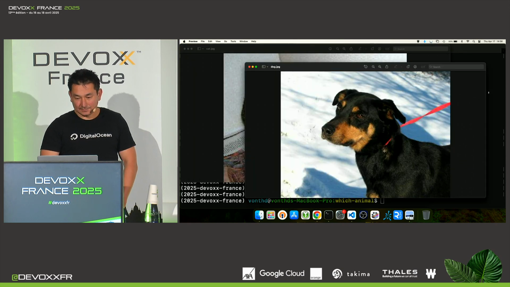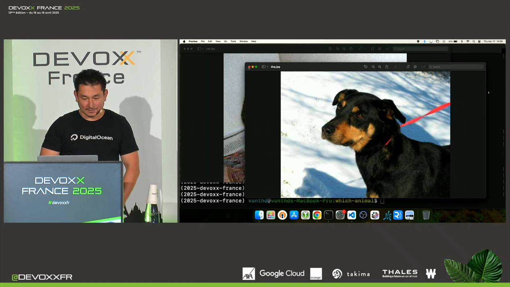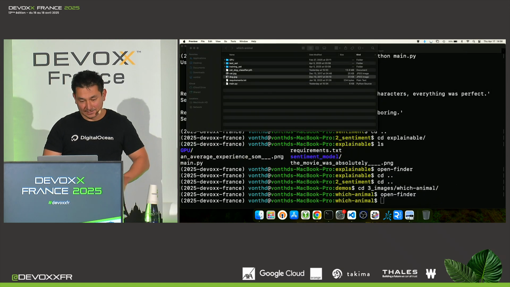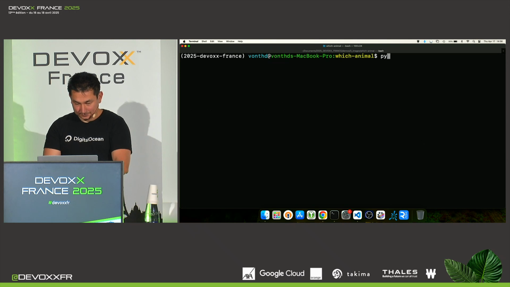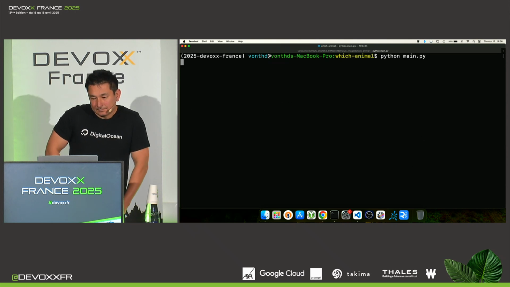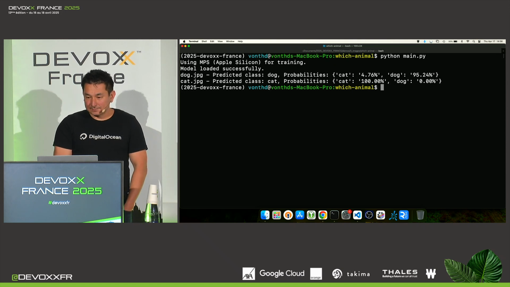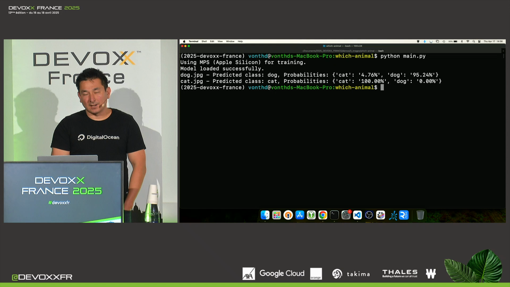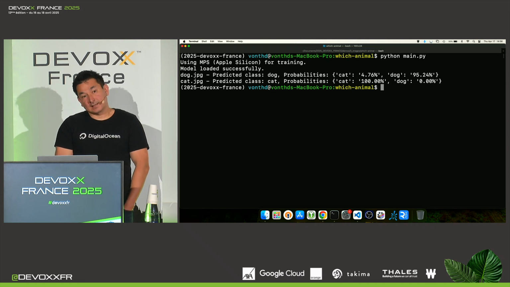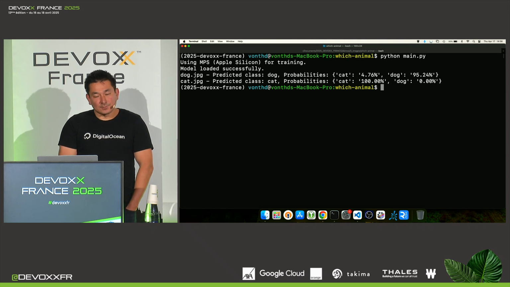If I run our machine learning model to classify these two animals, you can see that the dog gets classified as a dog with a confidence score of 95%, and the cat gets classified as a cat with a probability of 100%.